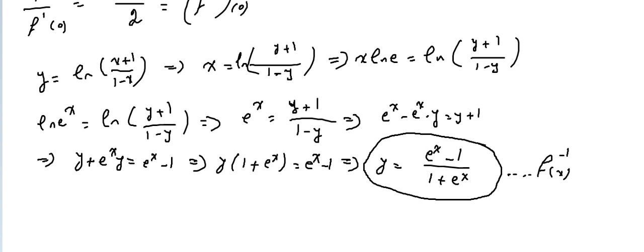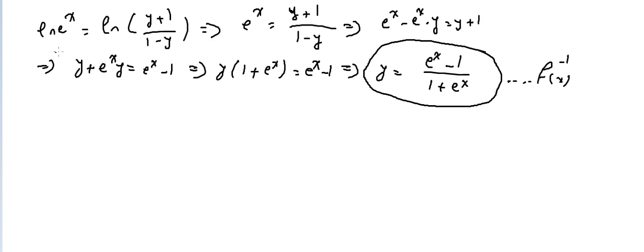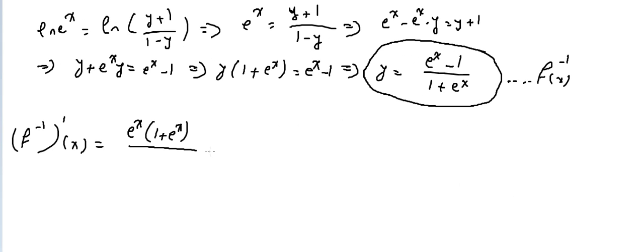Nice. What is the derivative of this expression? What is f inverse prime of x? It's simply the derivative of the numerator, e^x, times the denominator, since the derivative of e^x is itself, minus the derivative of the denominator times the numerator, over the denominator squared, which is (1 + e^x)^2.